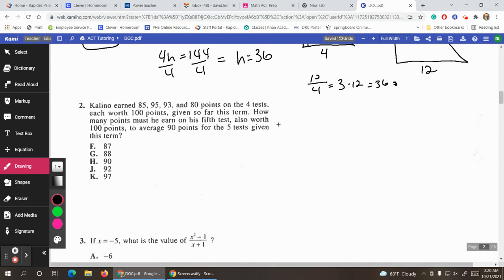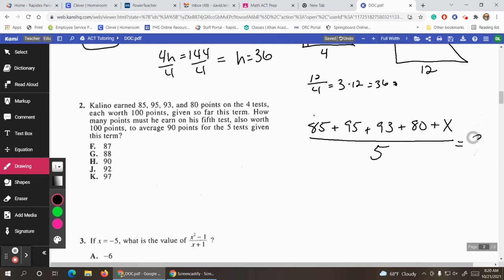Another way of doing that. Next: a student earns 85, 95, 93, and 84 on 4 tests worth 100 points. How much must be earned on the 5th test for the average to be a 90? The 5th test I don't know, so I'm going to let that be x. So the sum over 5 is going to equal 90. This is where you take your calculator and add these up.